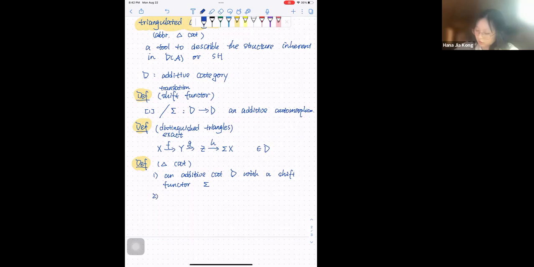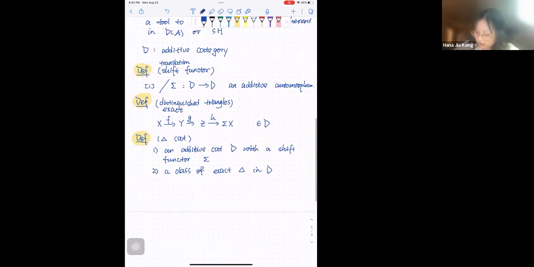And also you need to specify a class of distinguished, or let me say exact triangles in D. And these two data need to satisfy the following axioms.